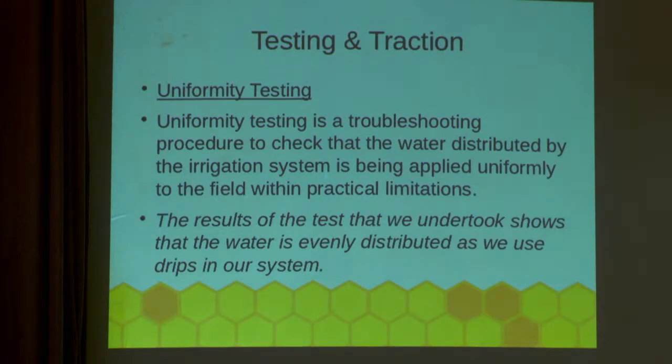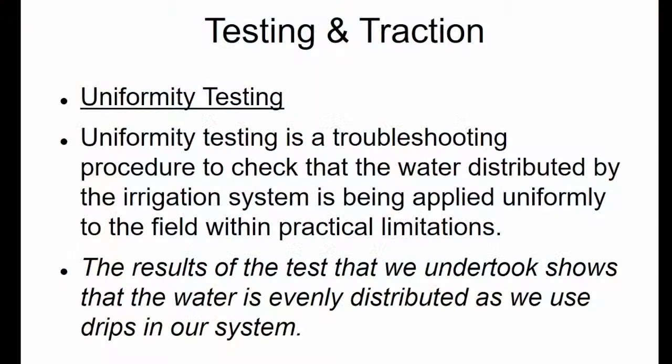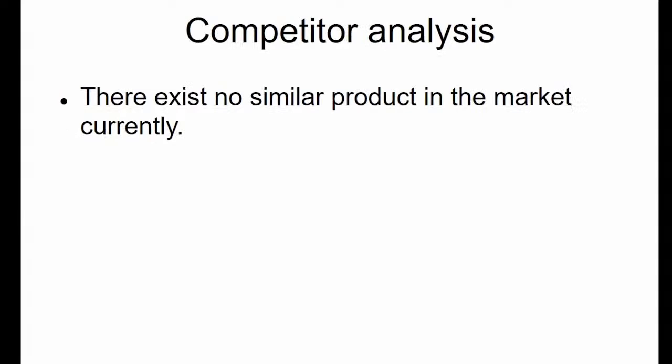You can have a system where water goes to a certain part, and other parts don't receive enough water. So that's what we tested on. And our result shows that the system distributes water evenly through drips. So that's about testing.